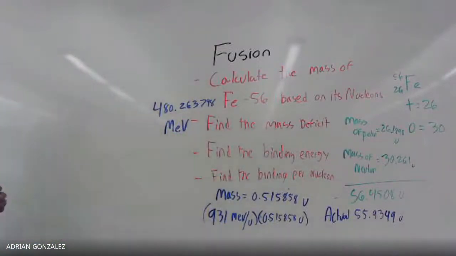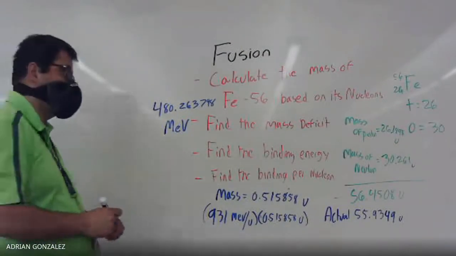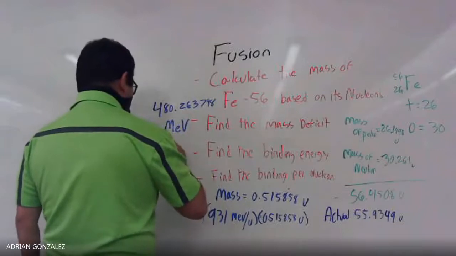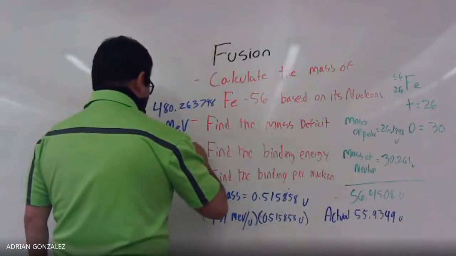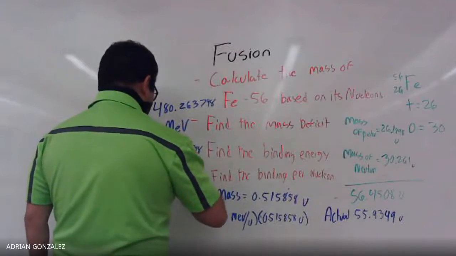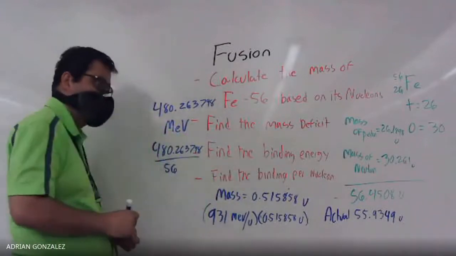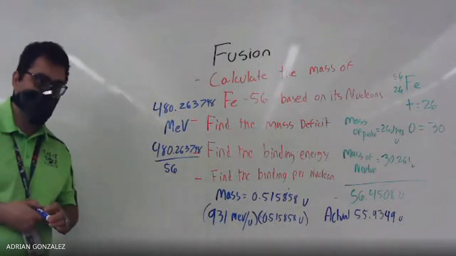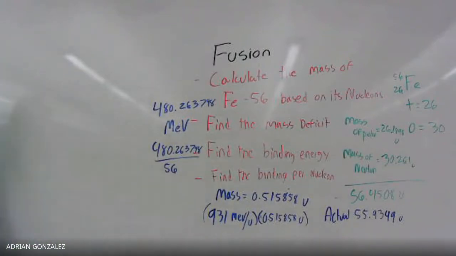Okay, and then find the binding energy per nucleon. What do you do? Divide by 56.